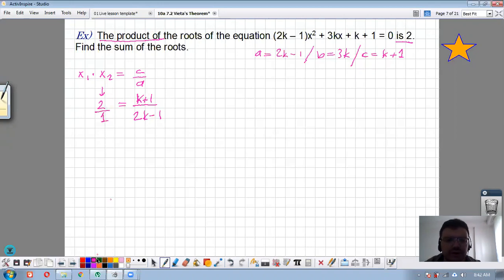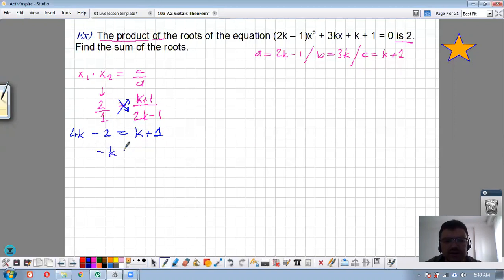We write 2 over 1, and then we do the cross product. So 2 times everything in here: 2 times 2 is 4k, and 2 times minus 1 is minus 2. Then 1 times the things in here, k plus 1. So 4k and 1k. Always move the smaller one, so 1k is the one you should move to the other side.